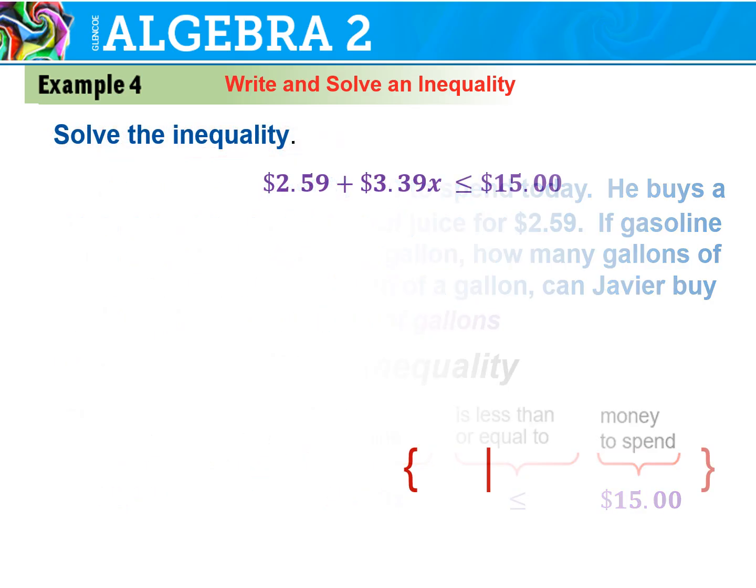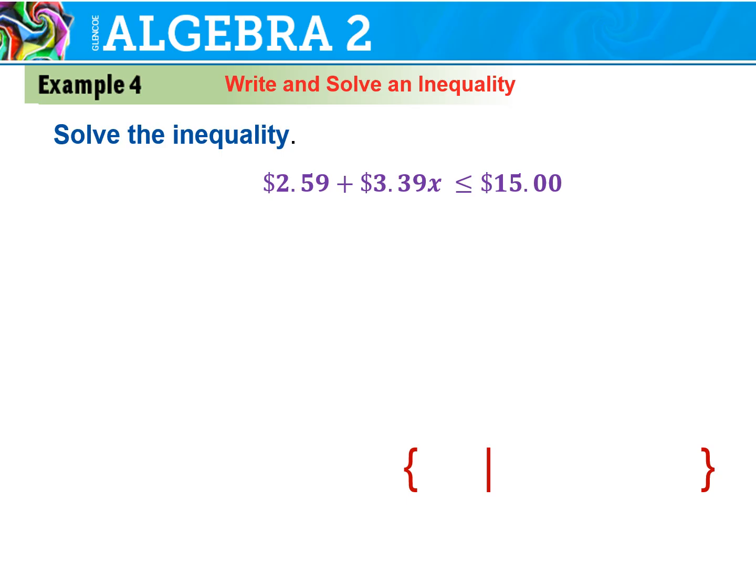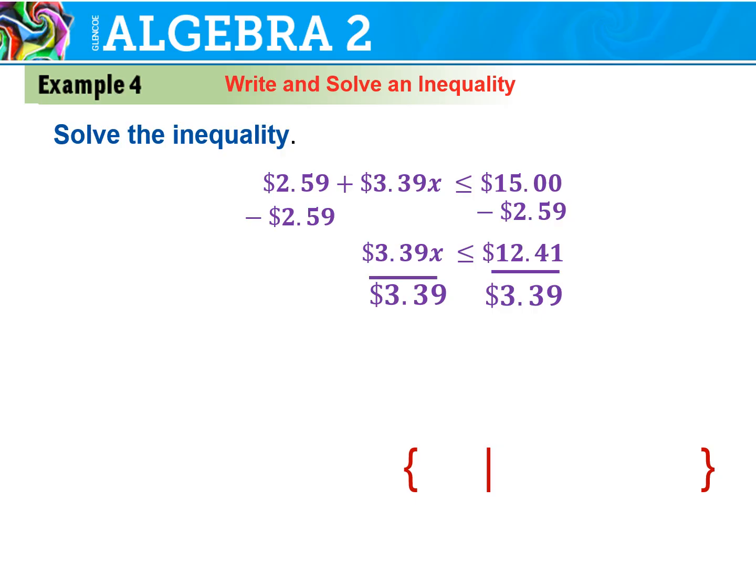Well, let's solve. So we're going to solve the inequality. It's right there for us. First thing we need to do is to get rid of the $2.59 from both sides. So let's subtract that. We get $3.39 times X is less than or equal to $12.41. Divide both sides by $3.39.